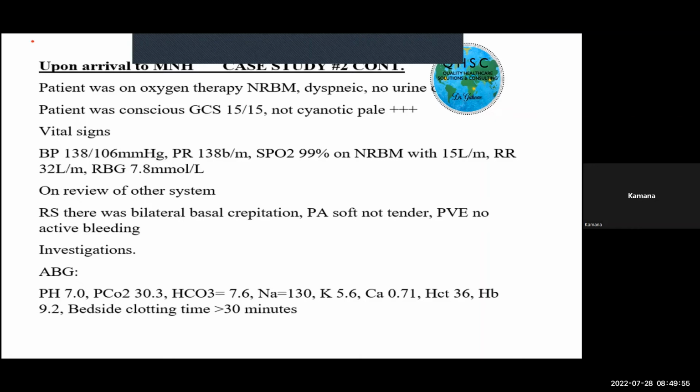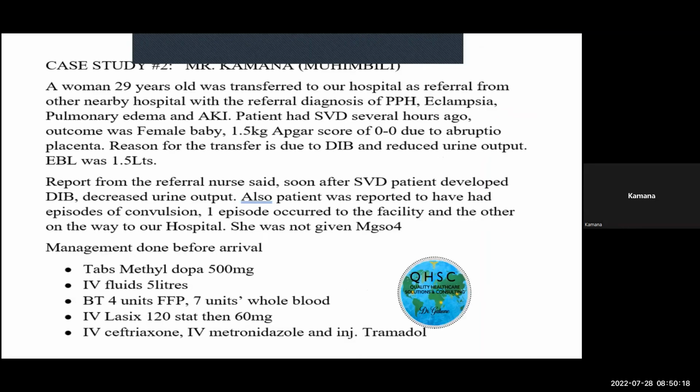The patient was given IV fluid, 3 liters lactate and 2 liters normal saline. Then patient was given misoprostol 1,000 micrograms, and was also given tranexamic acid, 1 gram stat. Then IV oxytocin infusion, 20 international units.